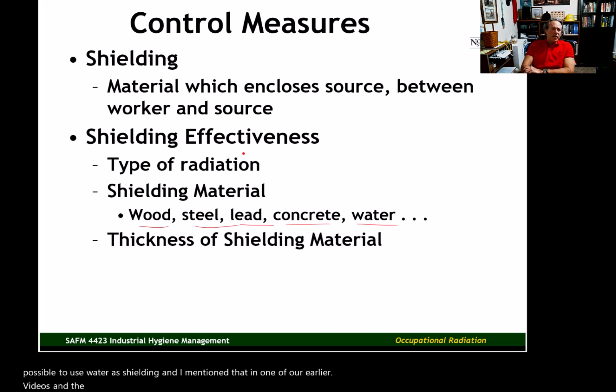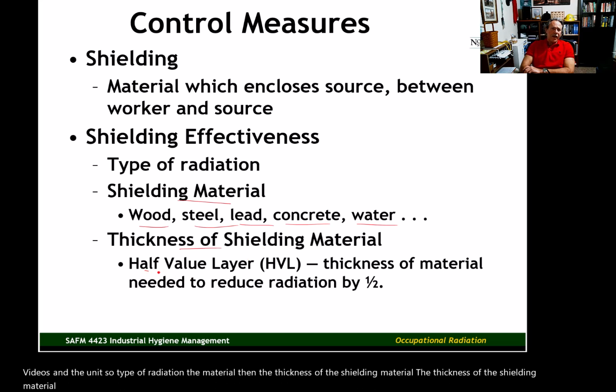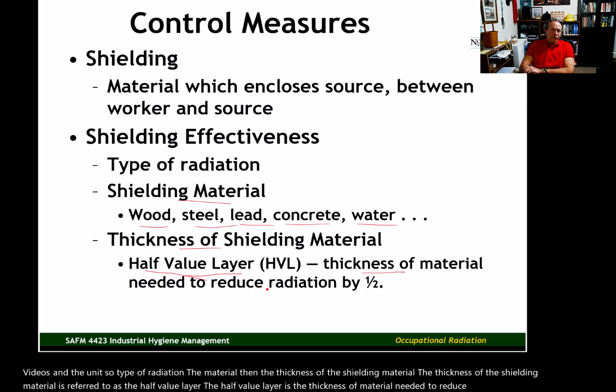So type of radiation, the material, then the thickness of the shielding material. The thickness of the shielding material is referred to as the half-value layer. The half-value layer is the thickness of material needed to reduce radiation by 1/2.